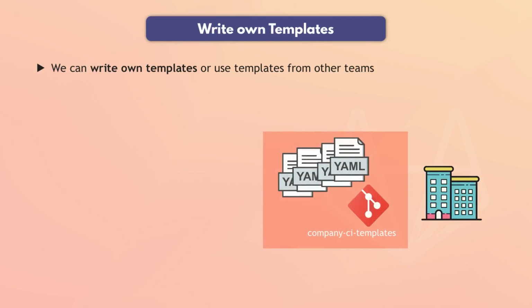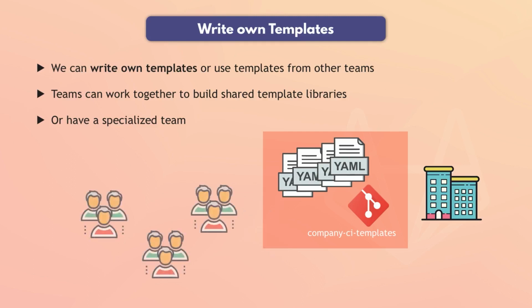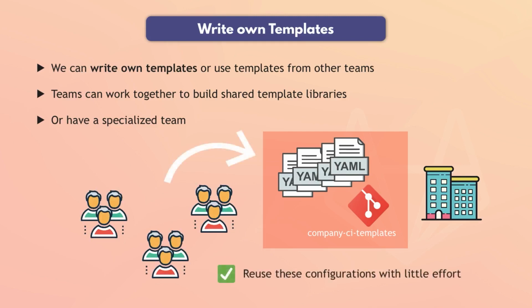This way, all teams can work together to develop this shared pipeline configuration, or you may even have a separate dedicated group of engineers in your company who will work on this task because they have the most expertise in that and know how to configure the pipeline with best practices. And then all the developer teams in the organization can simply reuse this configuration with very little configuration effort.